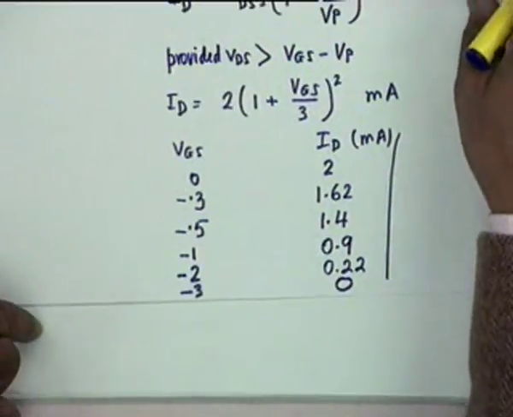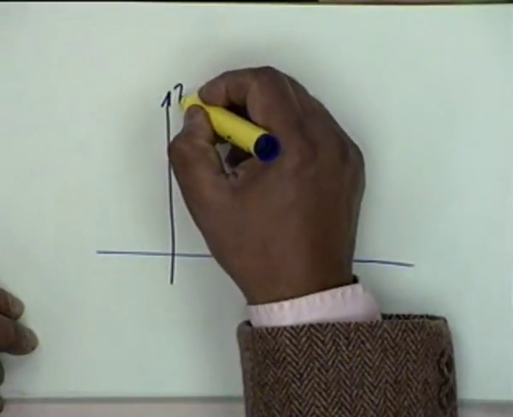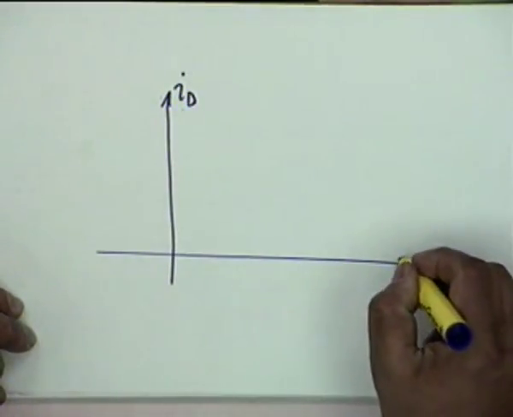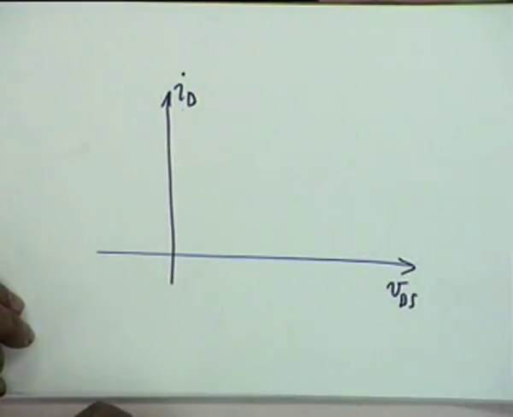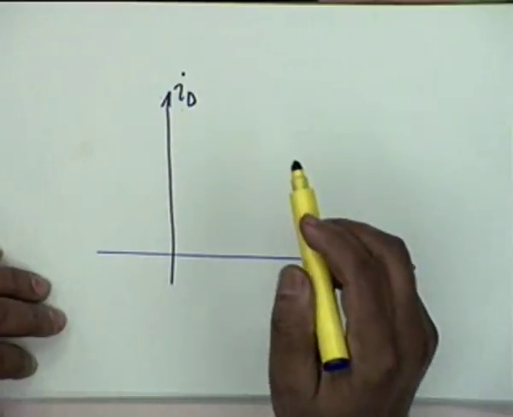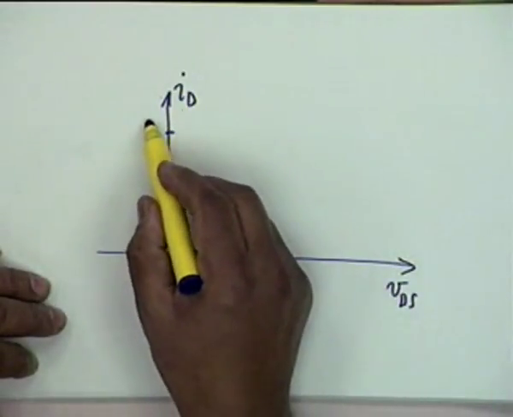Now the characteristics we draw like this. I sub D, in the characteristics we show the total voltage and total current. Now if VGS is 0, the current saturates at 2 milliamperes.